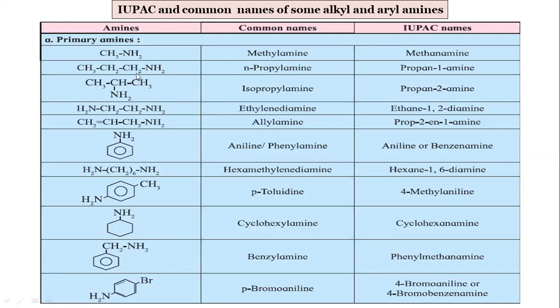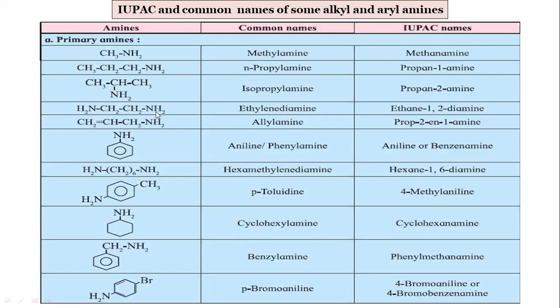So with these two examples, it is clearly seen. Why is it propane? Because there are 3 carbons, 1, 2, 3. Here NH2 is attached on the first carbon, and here NH2 is attached on the second carbon. So it is propane-2-amine.